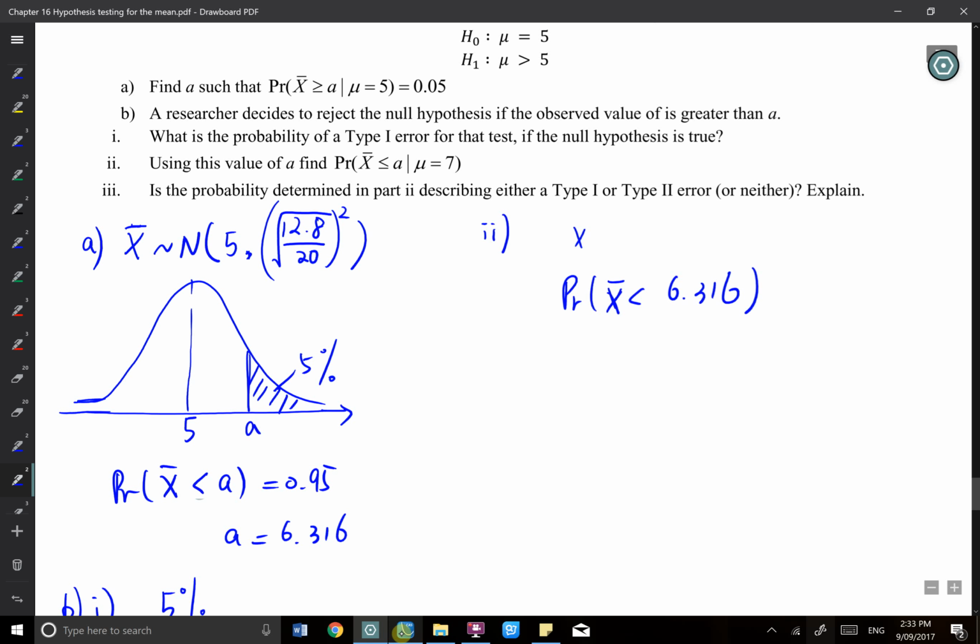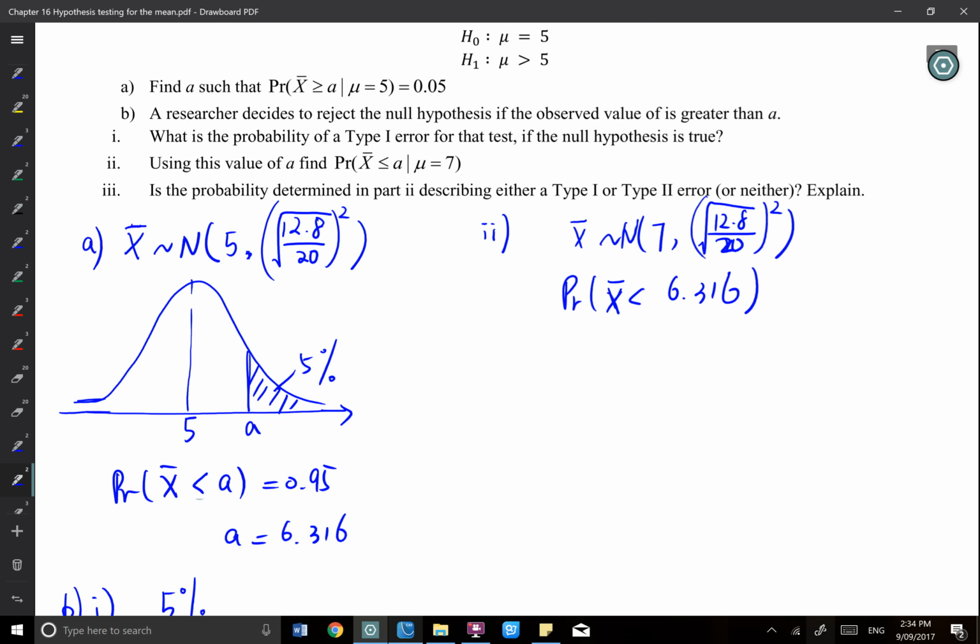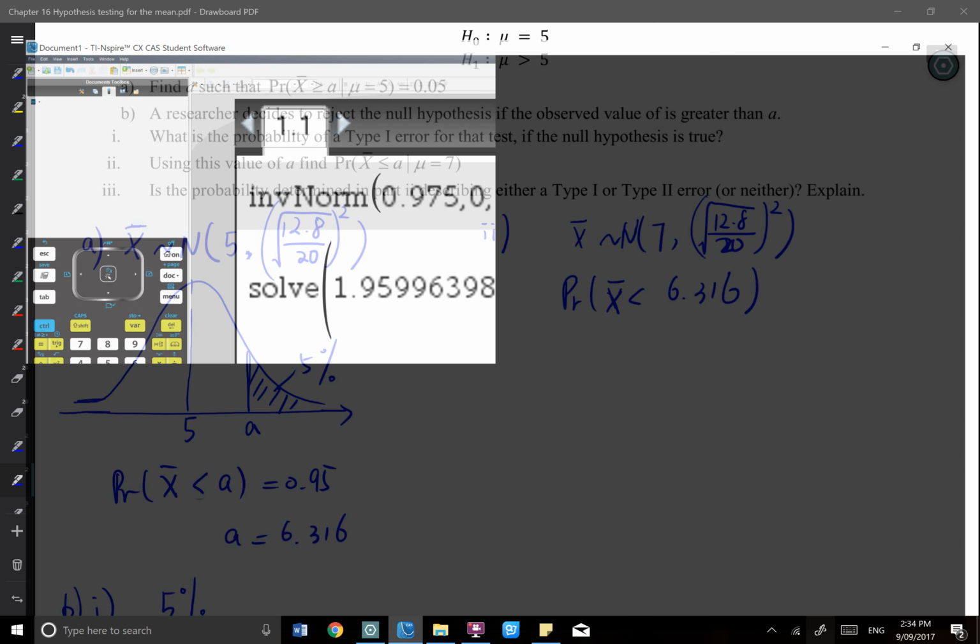So your X bar is from a new distribution, which has mean 7. What's that? Normally distributed. When the mean is actually 7, what's the probability you have a value less than 6.316? Let's have a look.